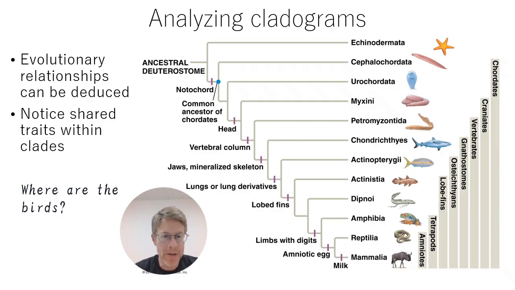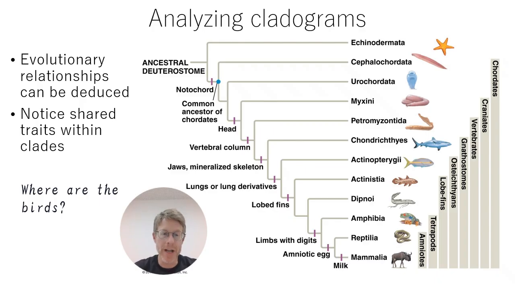Interesting question on this slide, where are the birds? So birds are a group, a taxa, that we commonly use, but they're actually not a real group based on evolutionary relationships. So what does that mean? They're not a clade, because birds do not include all the descendants of the common ancestor of birds. If we include all the descendants of the common ancestor of birds, it would include other reptiles as well.